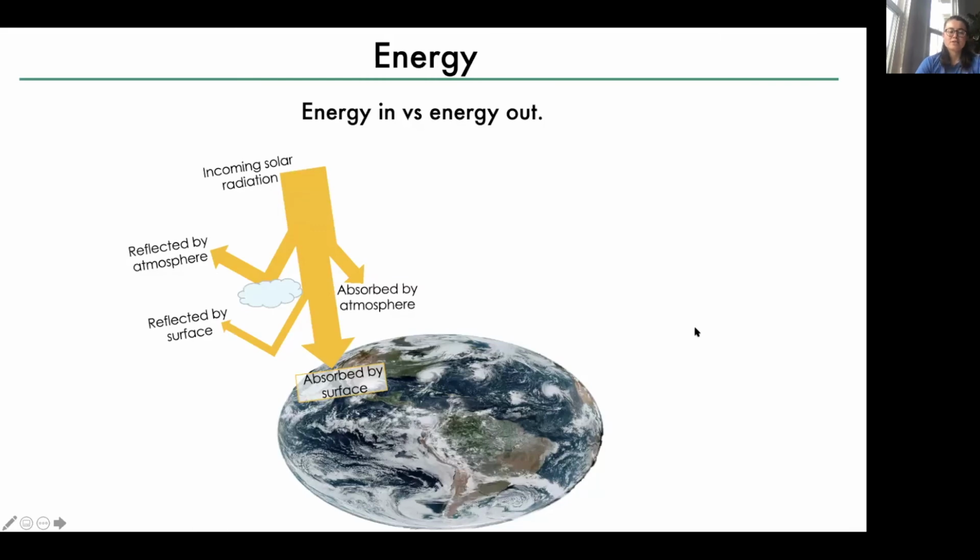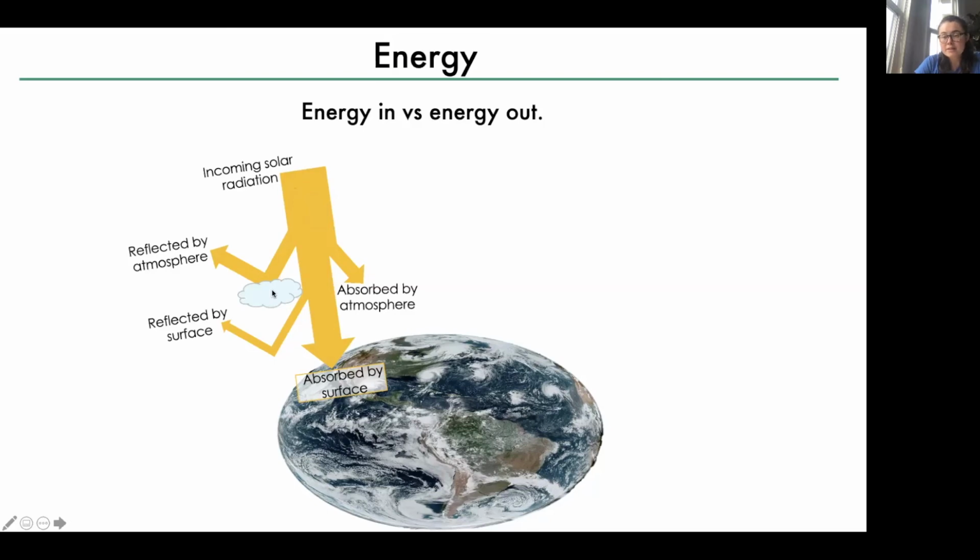So just to quickly go over that in schematic form, we have the Earth's energy balance is just energy in balanced by energy going out. So this is the energy in component. We have incoming solar radiation. Some of that is absorbed by the atmosphere. Some of that is reflected by the atmosphere.